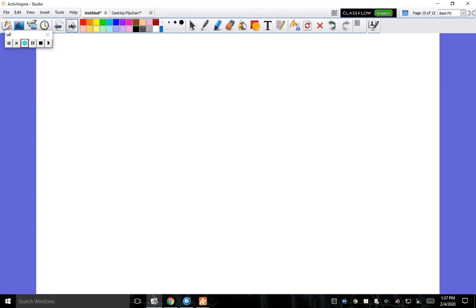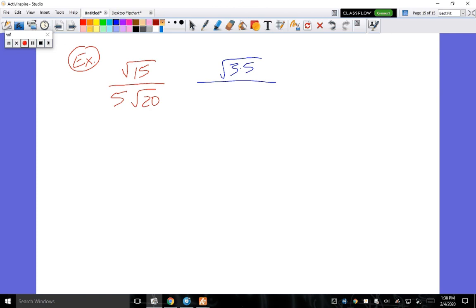Let's look at root 15 over 5 root 20. Many different ways you could do this. So I see 15 as 3 and 5. I also see 20 as 4 and 5.